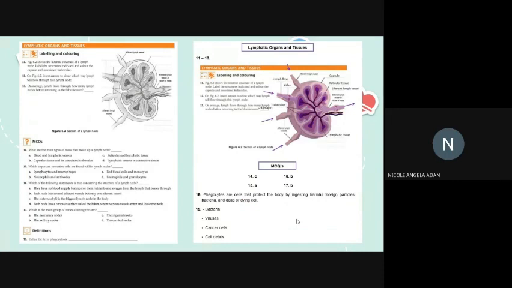Then number 13, on average, lymph flows through how many lymph nodes before returning to the bloodstream? The answer is 23. 23 is the major lymph nodes.